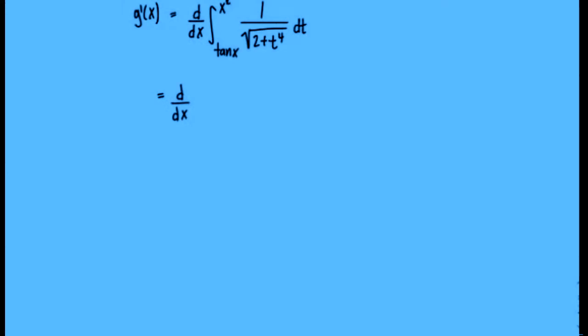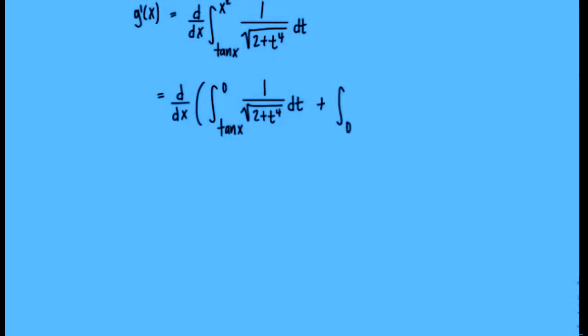You can break it up pretty much anywhere you want because any number will work. So I'm going to write this as the integral from tan x to 0 of 1 over the square root of 2 plus t to the fourth dt, plus, and then you just have to pick up where you left off.